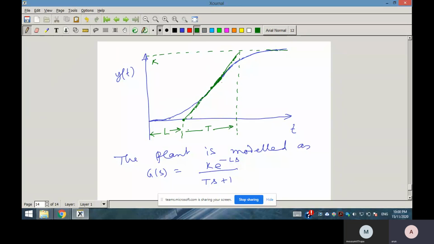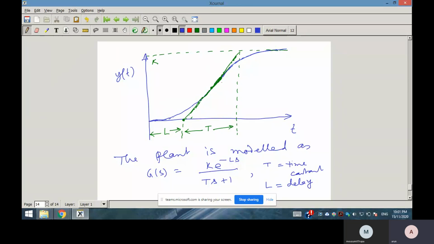So T is called time constant. L is called delay. So T is the time constant of the system, and L is called delay.